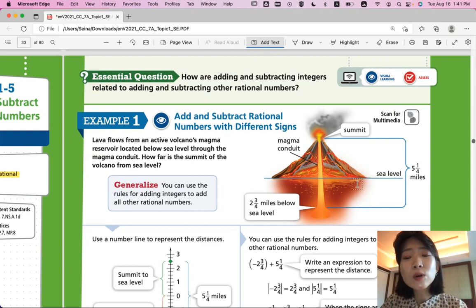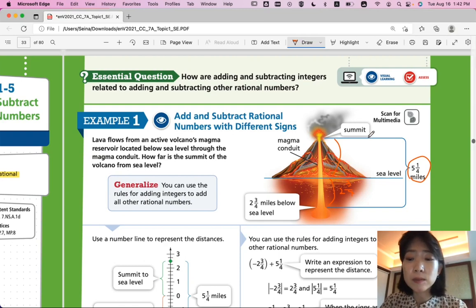So from sea level to the bottom here, we know that distance. We know this distance is 2 3/4, right? So if we know this total distance is 5 1/4 miles, how can we figure out this distance from sea level to summit?